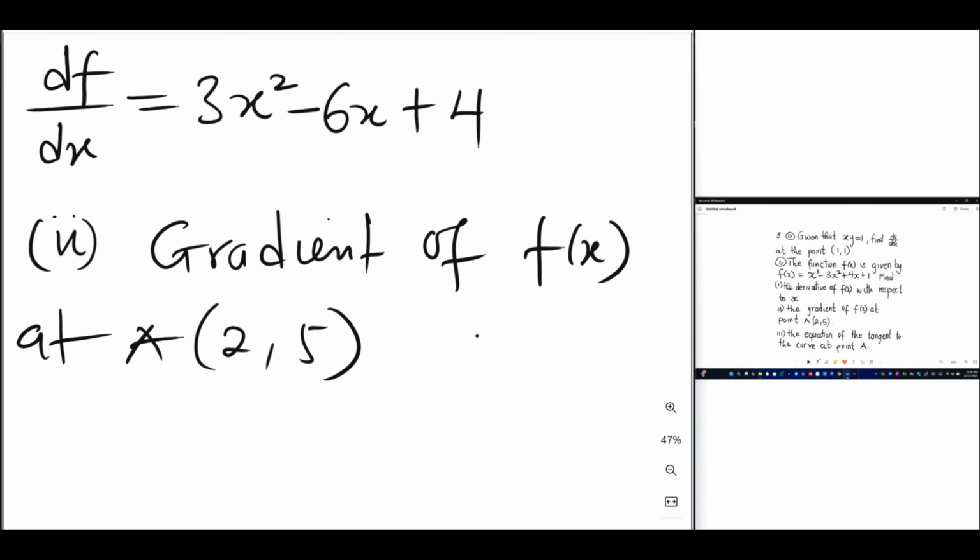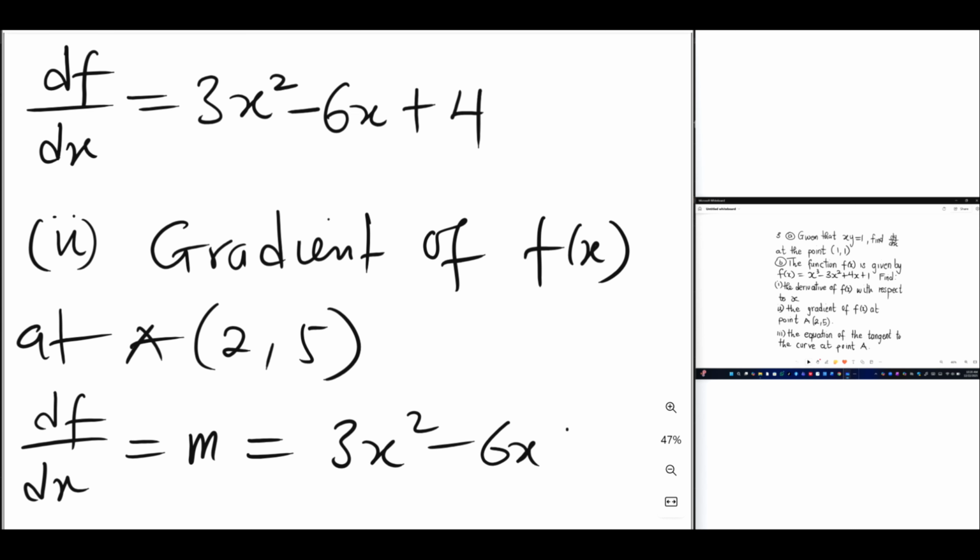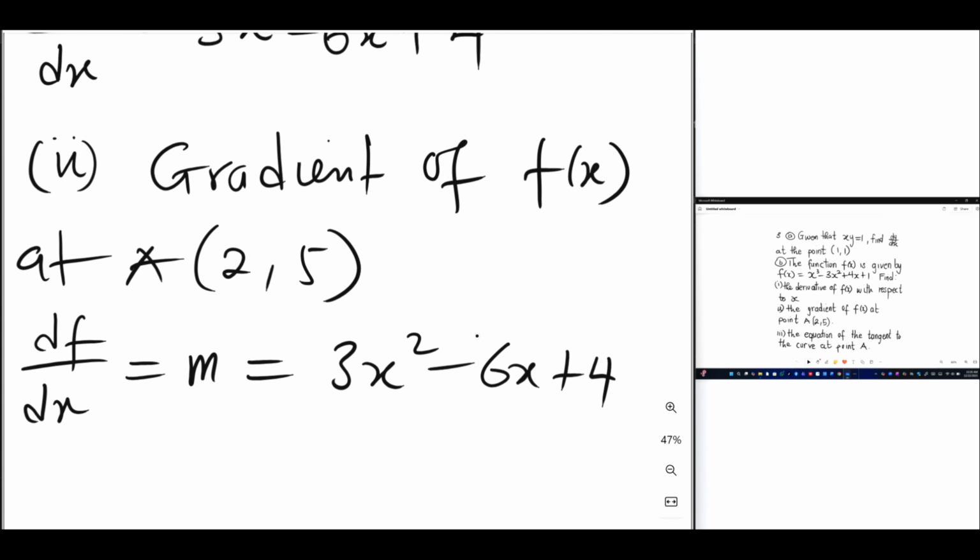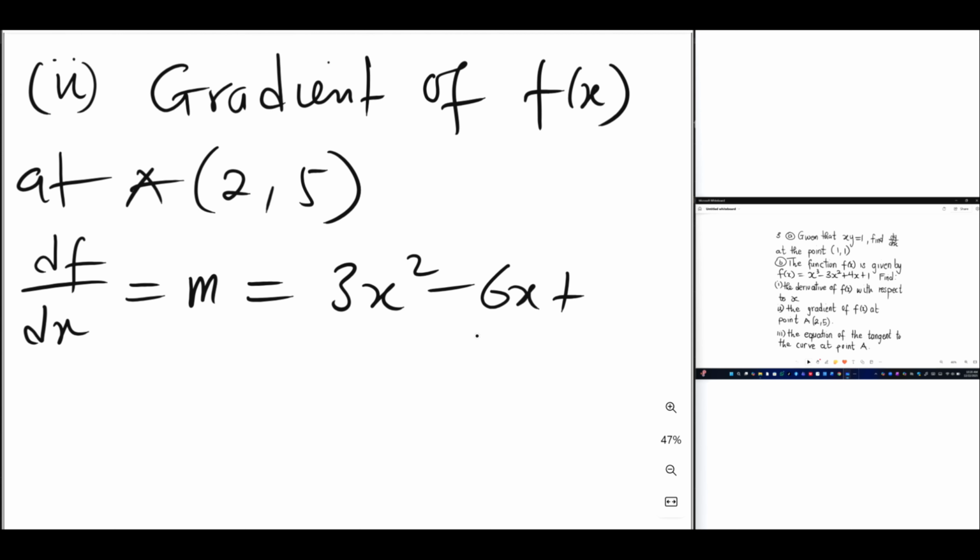Since you are to find a gradient, you only need your gradient function, which is df/dx, and we have already worked that out in part i. So we pick our gradient function, df/dx, which is the same as the gradient m, equal to 3x squared minus 6x plus 4. This is our gradient function, and we have to find a gradient, not the gradient function.